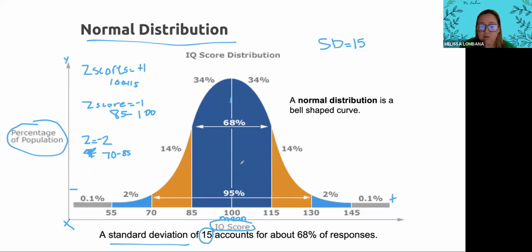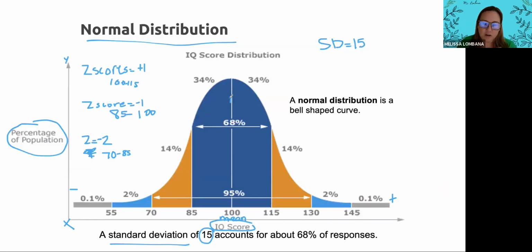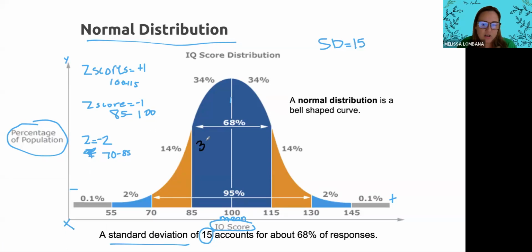Now, let's get to the percentages. If this is my mean, that means half of the population got these scores and the other half got these scores. But they break it up into percentages, and you need to know the percentages. For this one, I hope you have a line here. I want you to write in this graph 34%, and it's here.